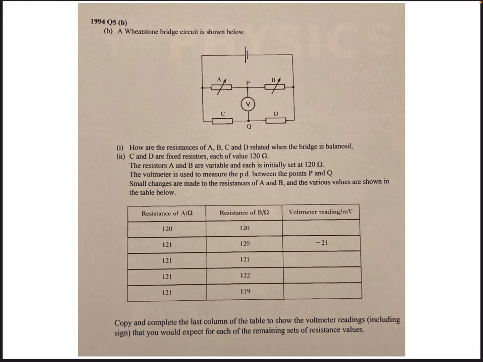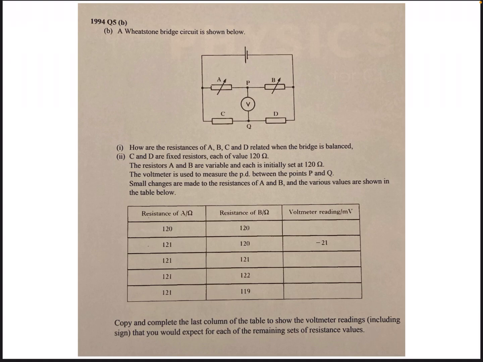But basically if A is bigger than B, you're going to get a negative number, and if B is bigger than A, you'll get a positive number. So what you're looking at is the fact that if you've got 121 ohms at A and 120 ohms at B, i.e. a difference of 1 ohm, that created a voltmeter reading of minus 21 millivolts.